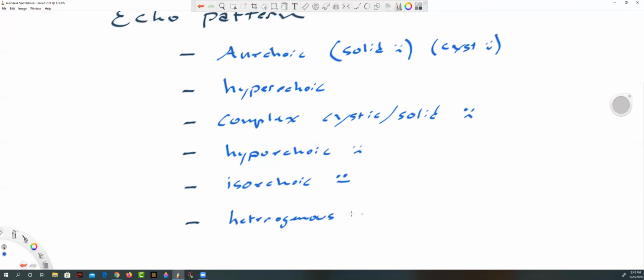It's heterogeneous. We're assuming that's a solid. And that tends to be bad news. Points us in that direction anyway.